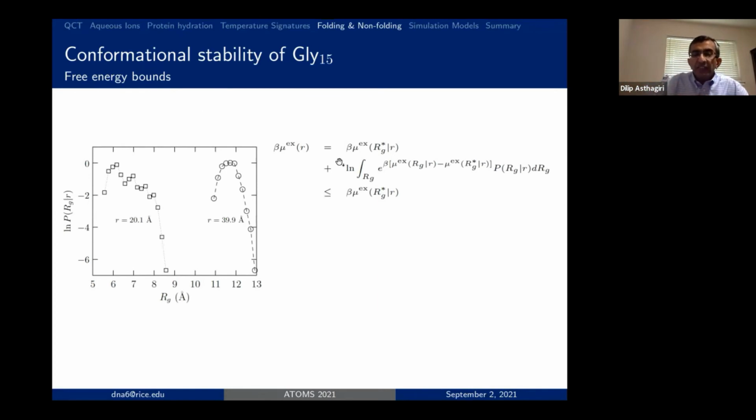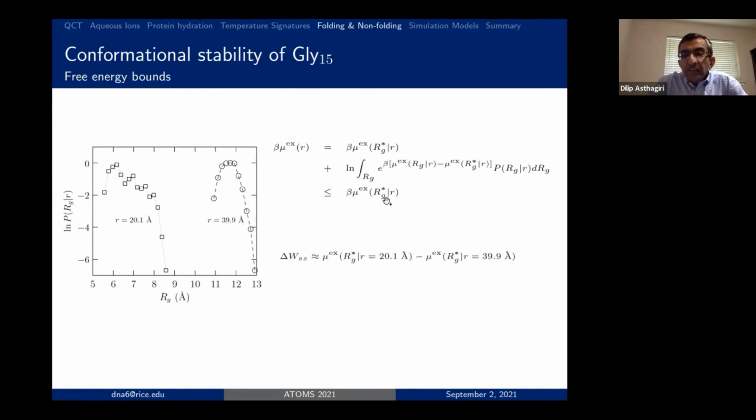So I can rewrite my potential distribution relationship in this form, and we can argue based on the data that this contribution should be relatively small. So I can get a bound on the free energy for this unfolded ensemble at two different endpoints from just looking at the collapsed conformation.